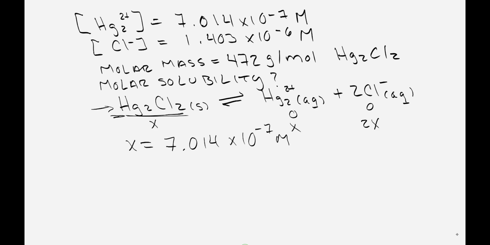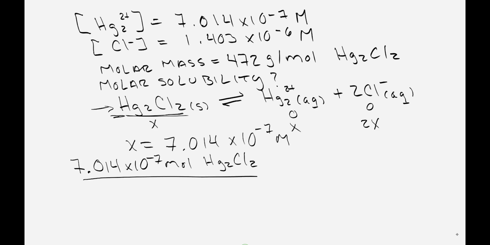So if we have that, then the next question that we like to ask is, what is the solubility? So molar solubility is moles per liter. Solubility is grams per liter. So this becomes just a conversion. 7.014 times 10 to the negative 7 moles of Hg2Cl2 per 1 liter of solution times the molar mass.